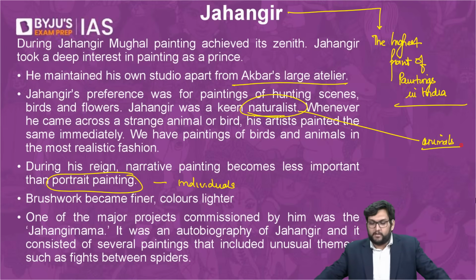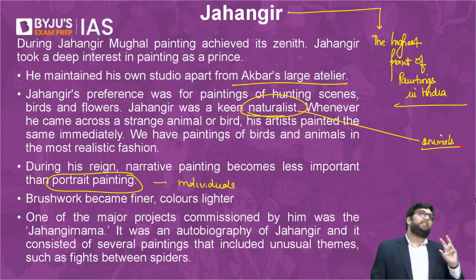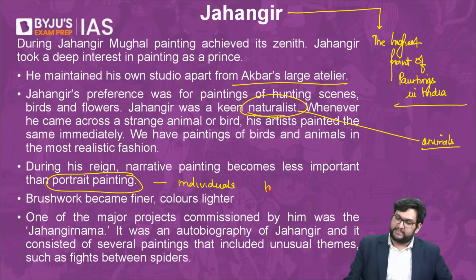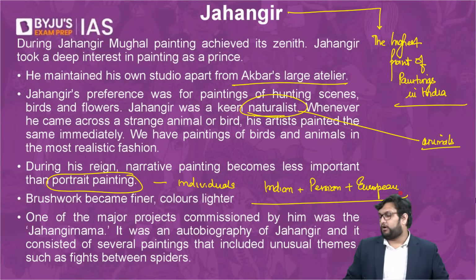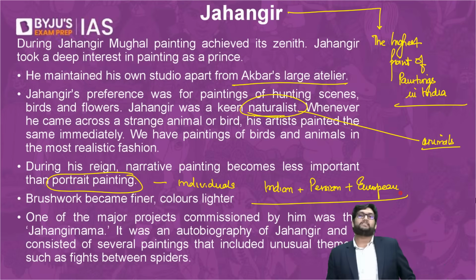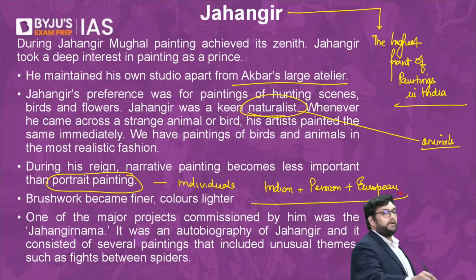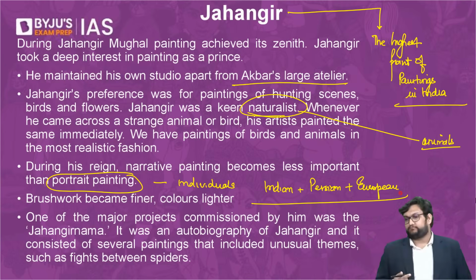The Jahangir thing is that the Indian element is already there, and there is a Persian influence already there. But he will bring in the European also. If you remember, Thomas Roe and Hawkins all came to Jahangir's court, and they brought with them a whole set of gifts.